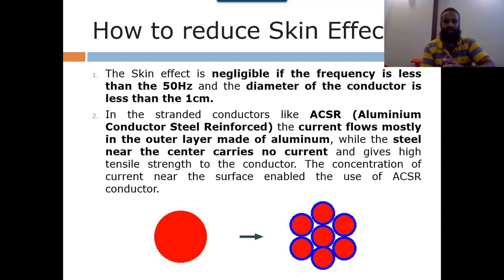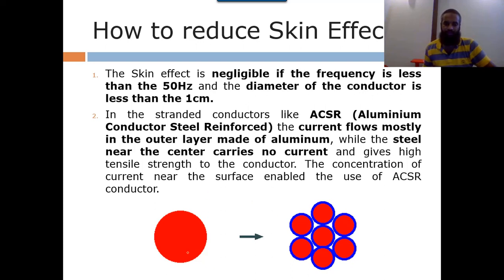By using ACSR, aluminium conductor steel reinforced, in our usual practice we do not increase the diameter of the single conductor beyond 1 centimeter. And the second thing is the frequency, which we usually use is either 50 hertz or 60 hertz, and these are effective frequencies in the power system, because at these frequencies the skin effect is minimum.